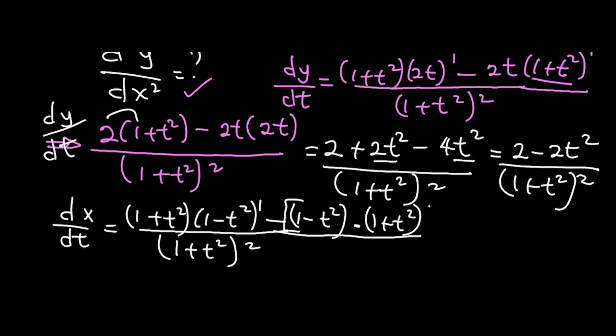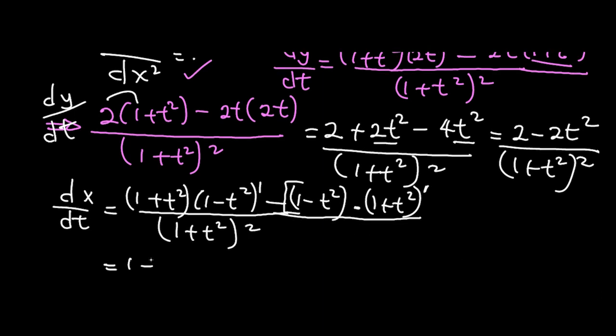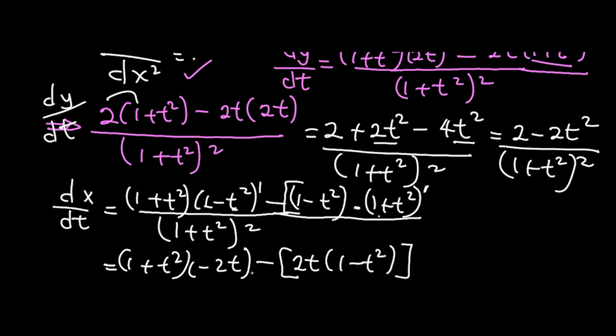So if we go on, we have 1 plus t squared times the derivative of 1 minus t squared: the derivative of 1 is 0, the derivative of the other is 2t, so that's minus 2t. And minus, the derivative of 1 plus t squared is 2t, times 1 minus t squared, over the denominator squared.